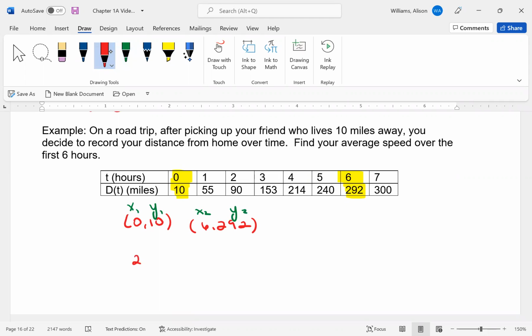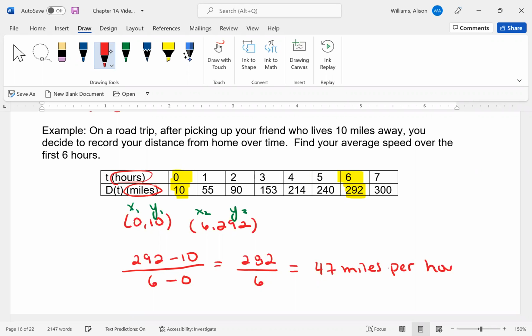All right, so 292 minus 10 over 6 minus 0. That comes out to 282 over 6, which is 47. Now, in terms of the units, the output units are miles, so this is 47 miles, and then per input units, which is hours.